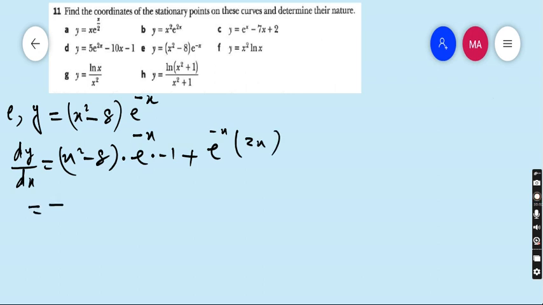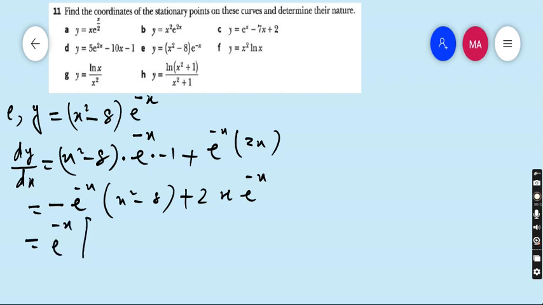So minus 1 minus e power minus x, x square minus 8 plus 2x e^(-x). Taking e power minus x common, so e^(-x) times minus (x square minus 8) plus 2x.